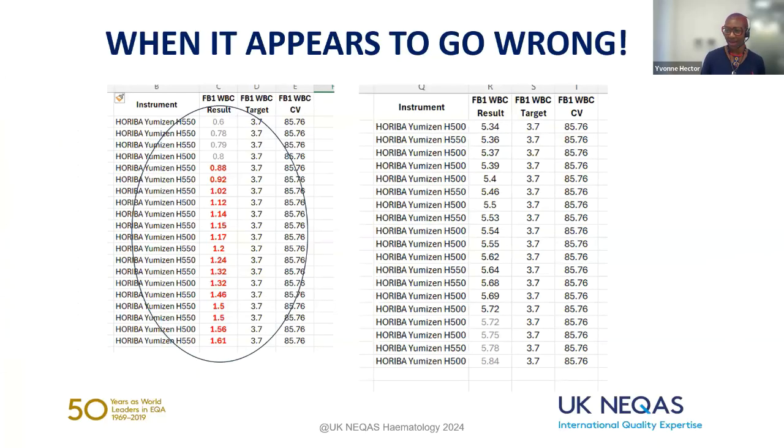As you can see here, we've got a spread of data from 0.6 to 5.84, and where I circled, there are these red figures. These are the ones that we highlighted in the group where participants seem to obtain significantly different results from the rest of the participation group.